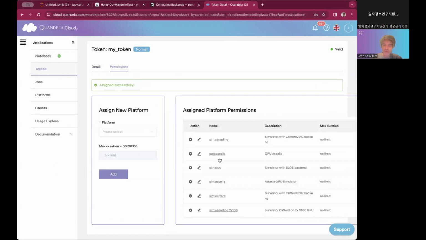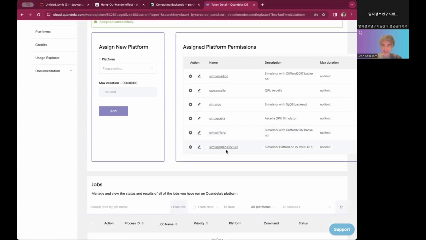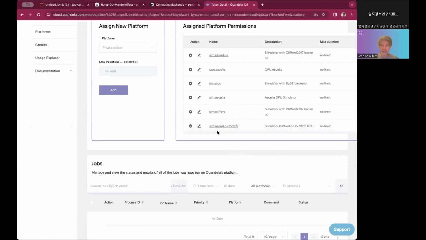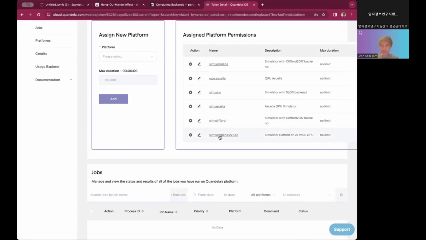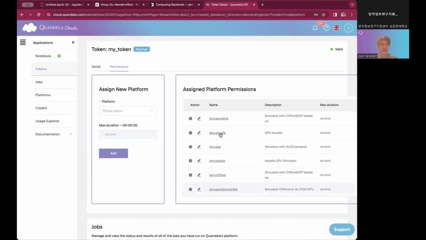So my token will have the ability to access this simulator. You should do the same: by default, not all the platform backends are part of the token. So make sure that the token you define can access the GPU. It is what we'll be doing.